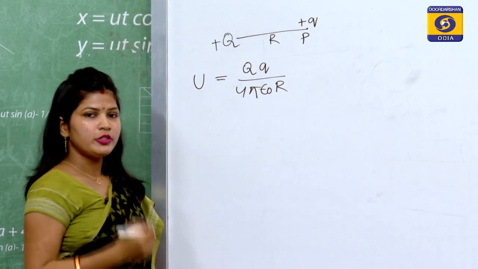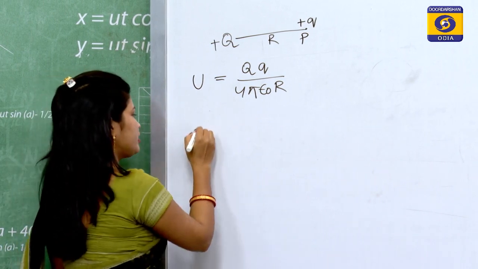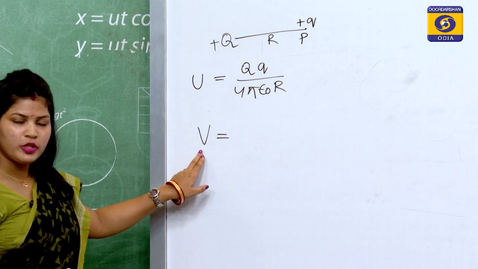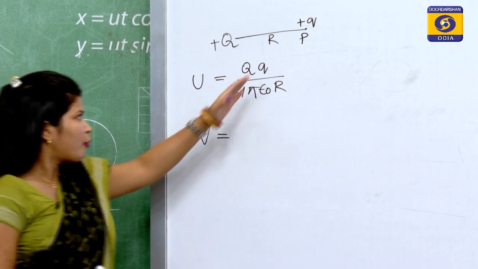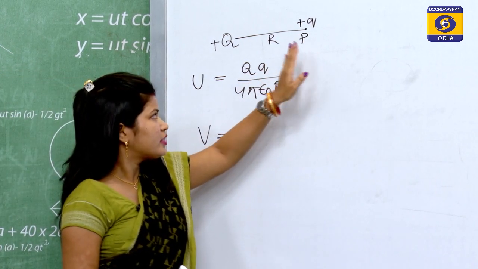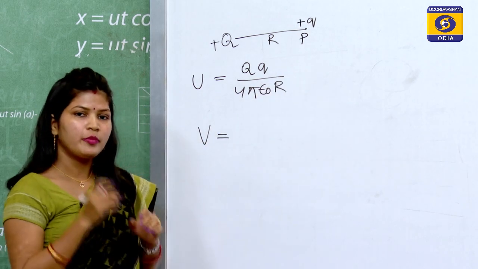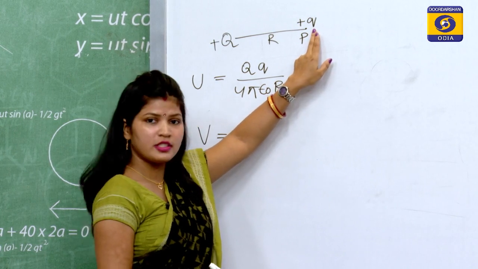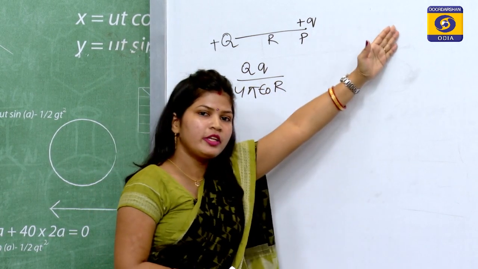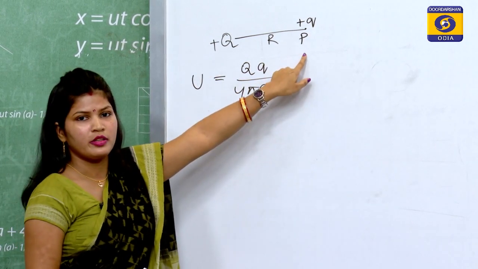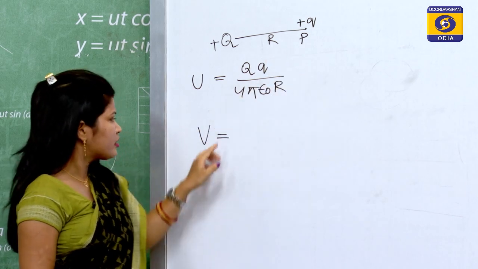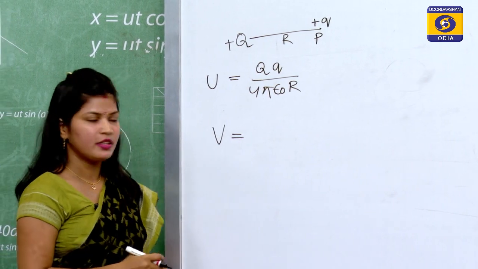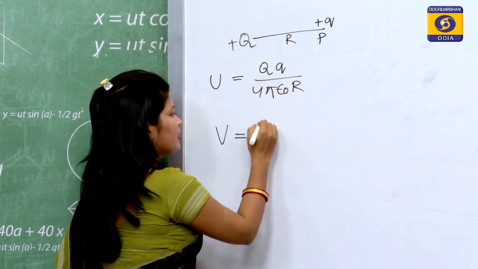Now, I want to introduce electric potential. This potential is the work that I have to do in bringing the test charge q from infinity to this point P. So, work done per unit test charge is called our potential.